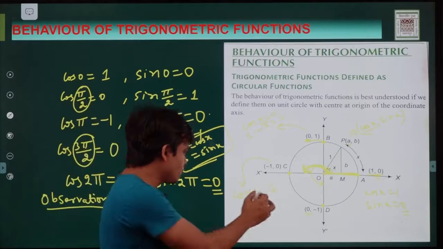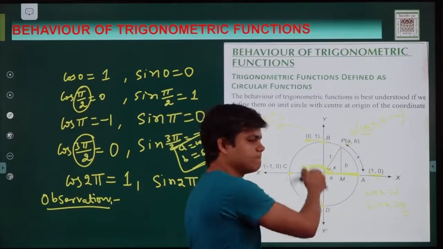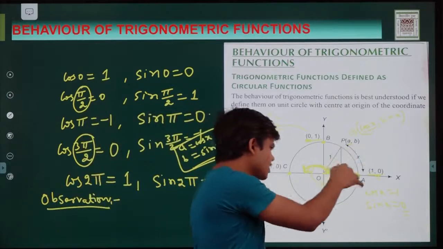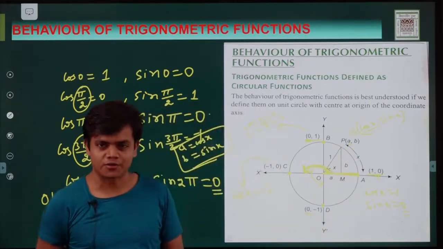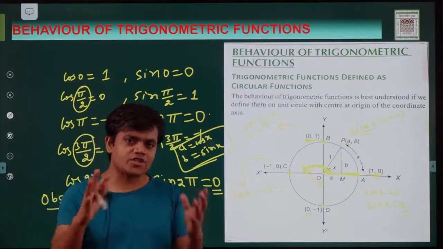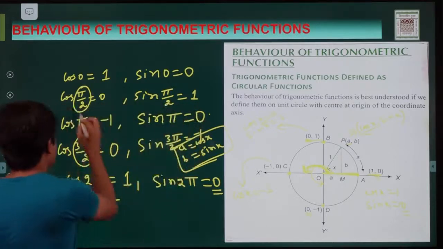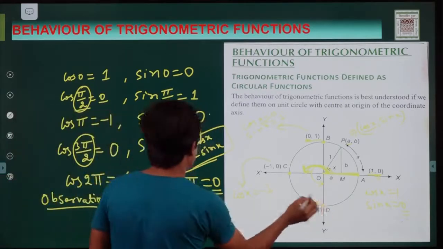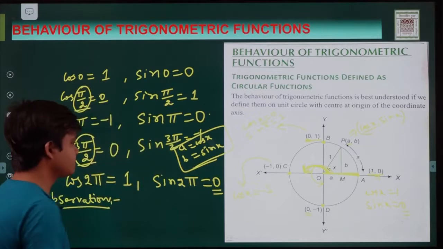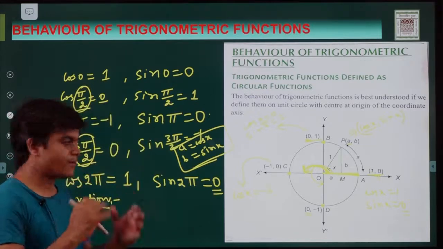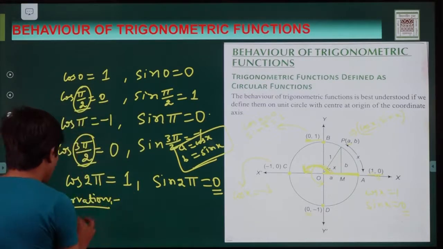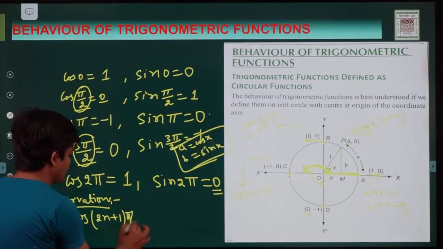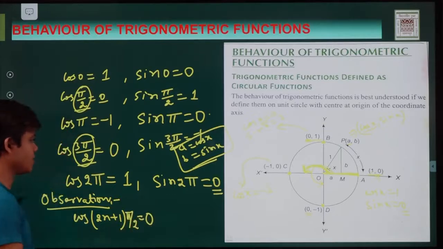If we continue this rotation along this unit circle, we can go through infinitely many revolutions, but in each revolution, at this position, we will have 0 for cos. So here is a pattern. We can see cos (2n plus 1) into pi by 2 will always be 0.